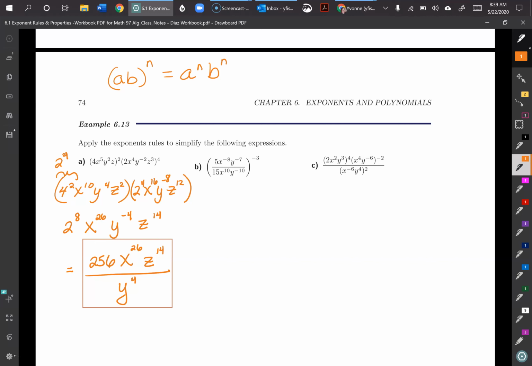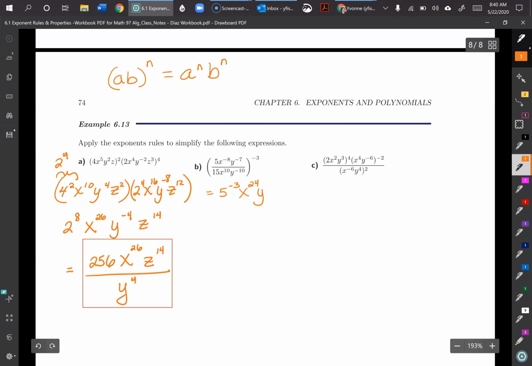Here we have, so I'm going to first do the product to power. Here we have a product to power for the numerator and the denominator. So I have 5 to the negative 3. X to the negative 8 raised to the negative 3: negative 8 times negative 3 is 24.